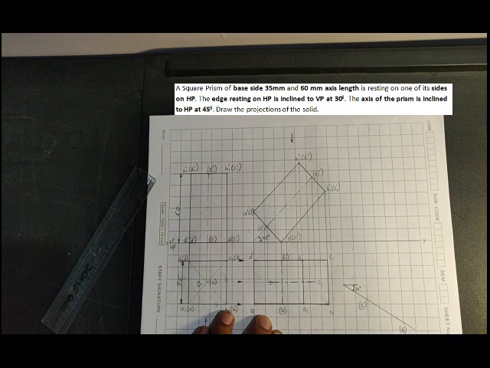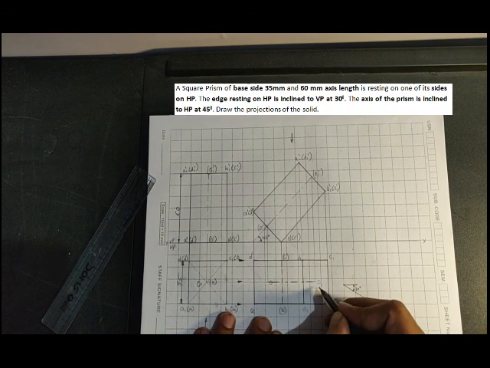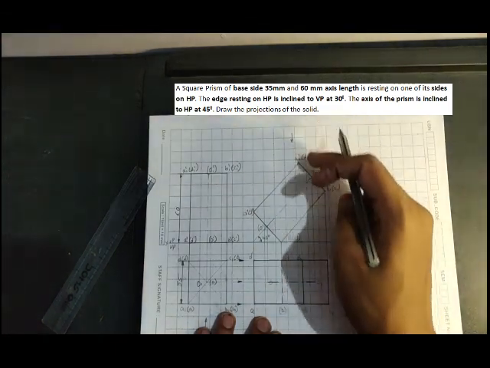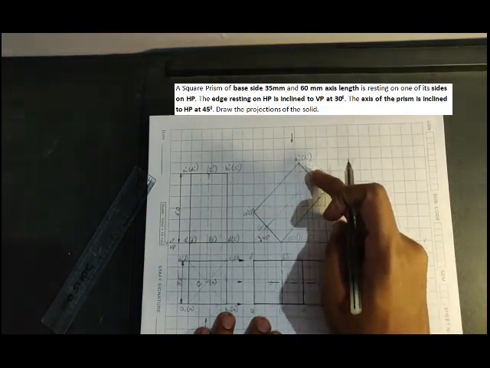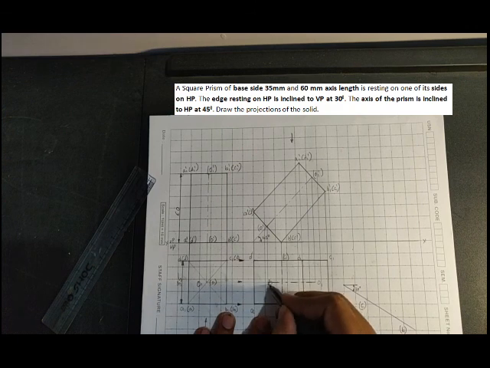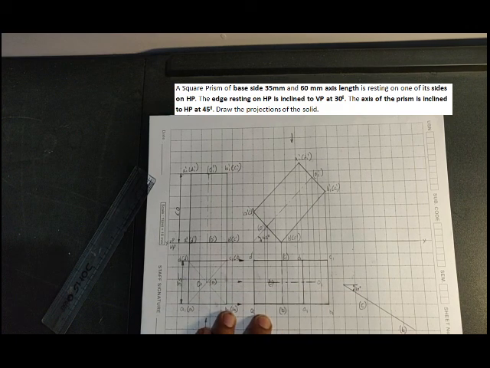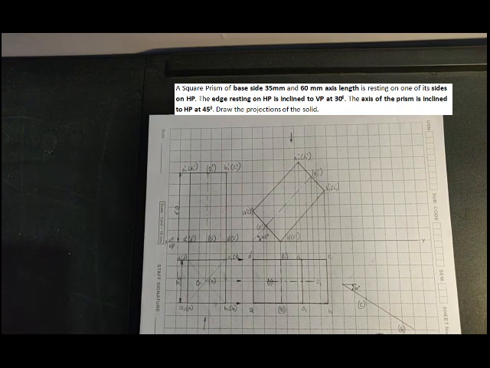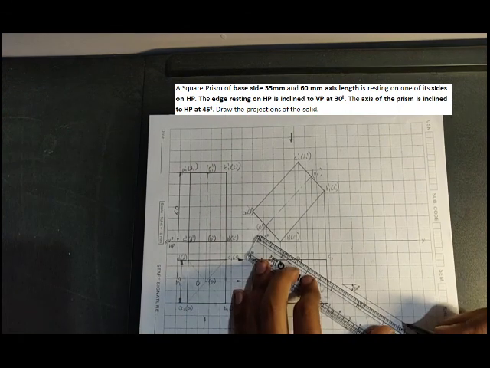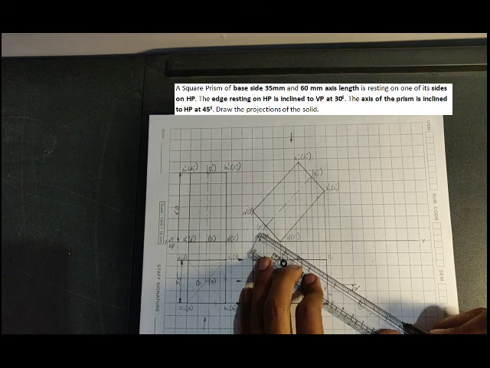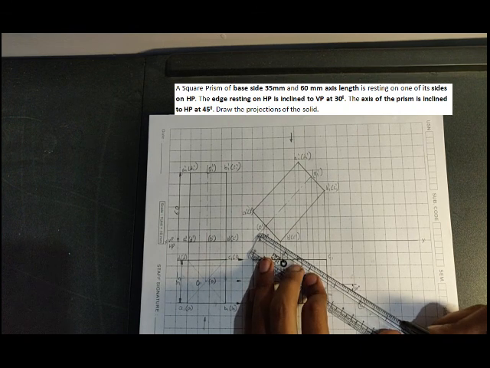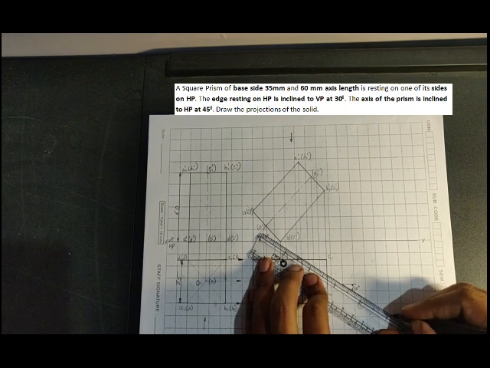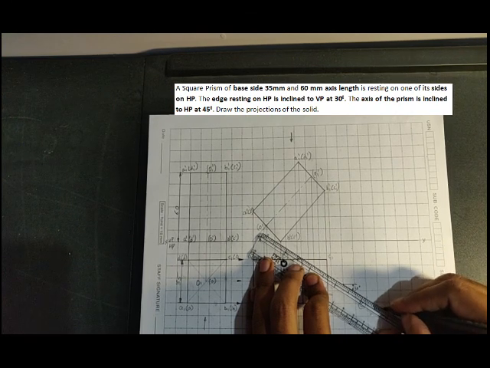Right? So if you wish to find out the hidden line for these hidden points, for this O1 and O, when I see from the top, this top surface is completely visible. So O1 is visible, O is invisible. So I'm going to write this in bracket, right? So now I was supposed to draw a hidden line here. So it should be a hidden line.